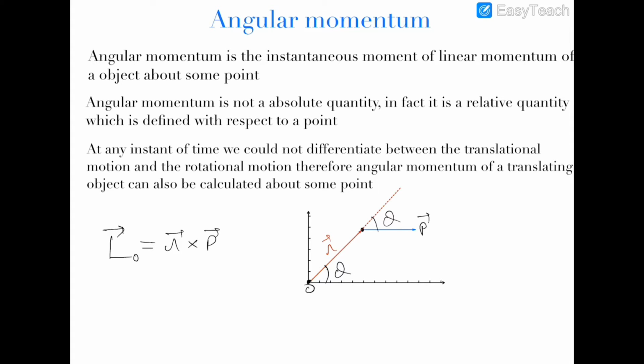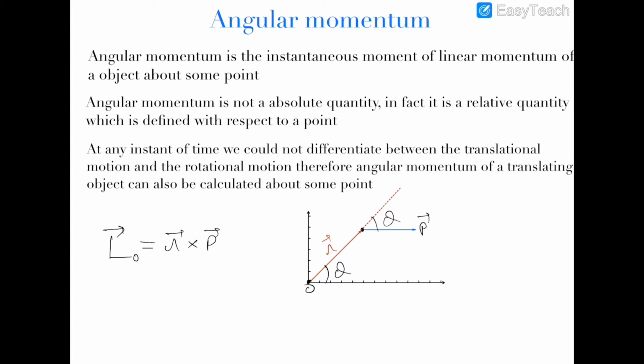So the moment of linear momentum is also called angular momentum. Some people define angular momentum as the momentum of a rotating body. This is absolutely absurd and not correct, because angular momentum can also be calculated for a body in translating motion.